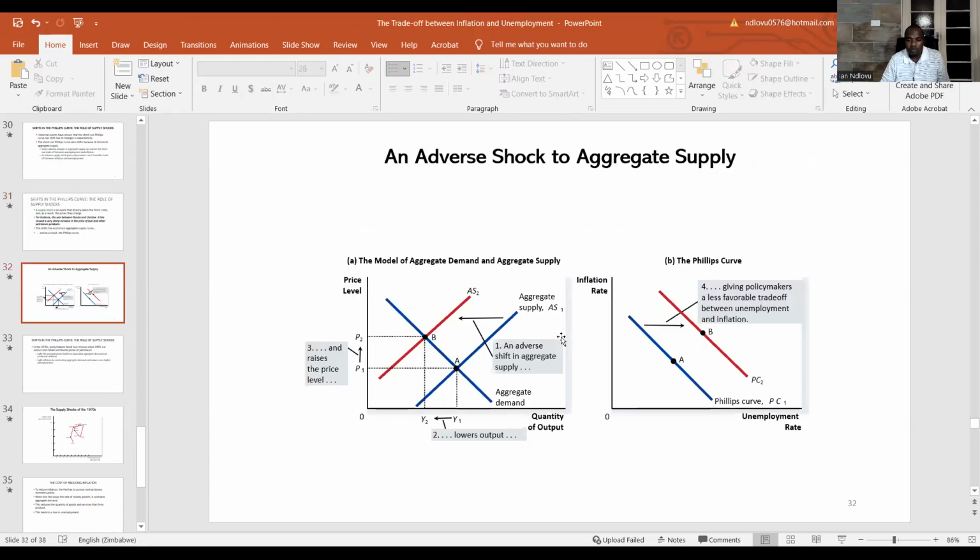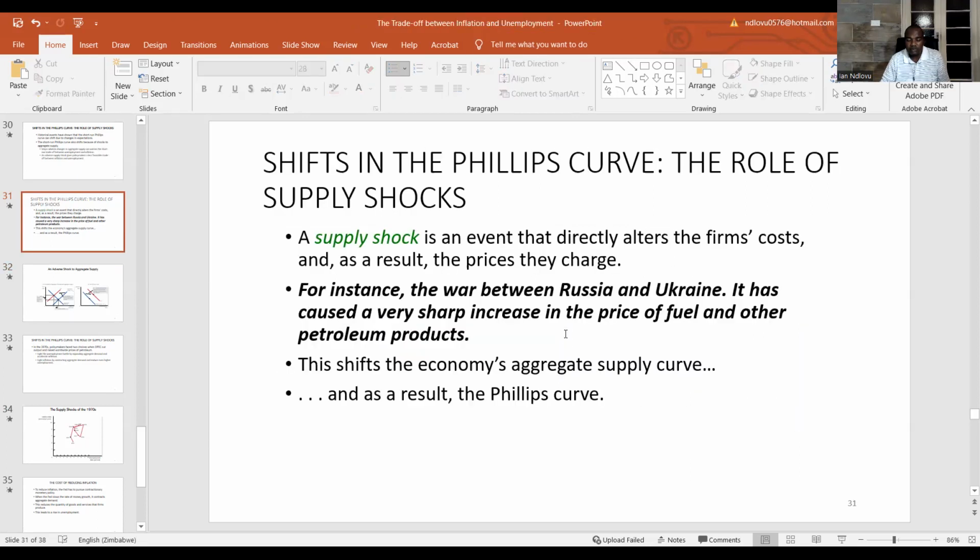The uncertainty which is associated with the war in Russia. We know Russia is the third largest exporter of crude oil to the whole world. It contributes a lot of crude oil to the global economy.